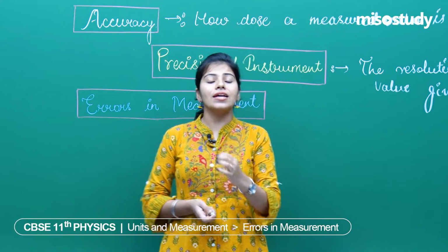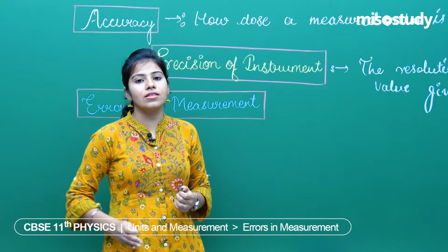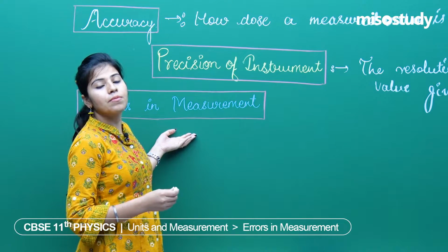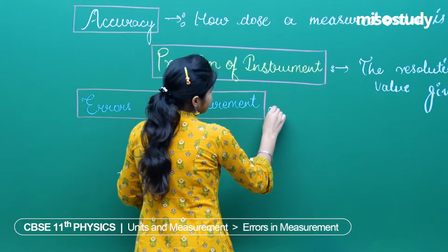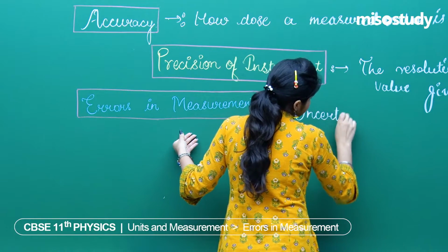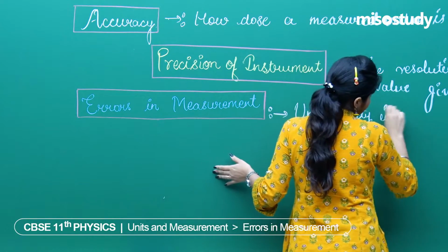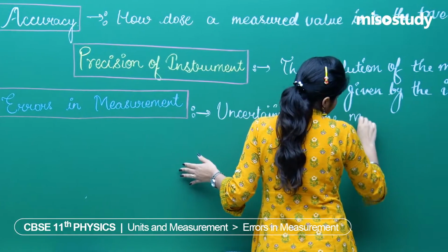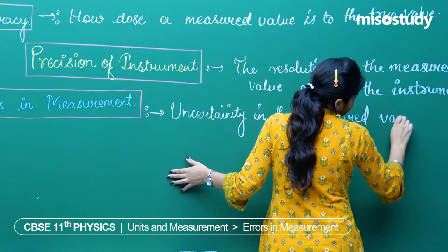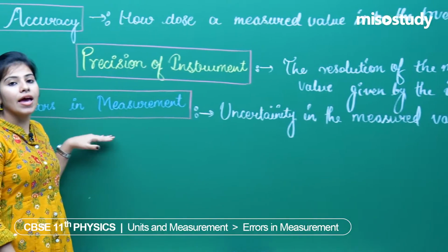So there is some uncertainty in measurement, and that uncertainty in the measured value is nothing but the error.